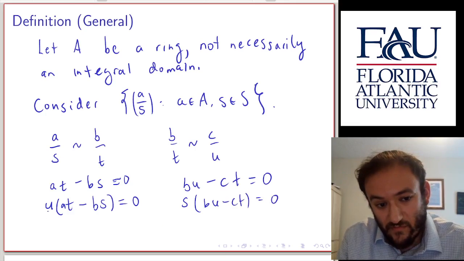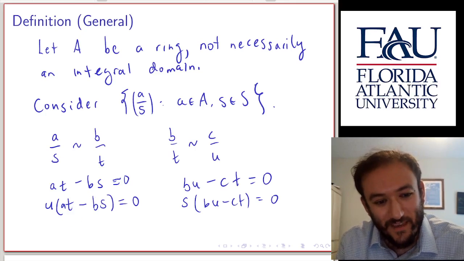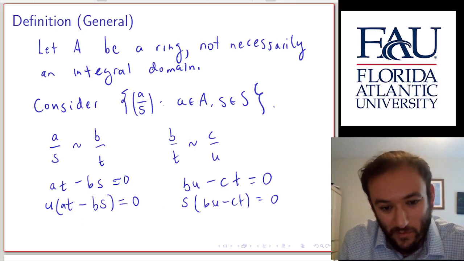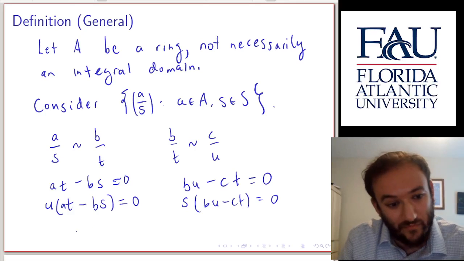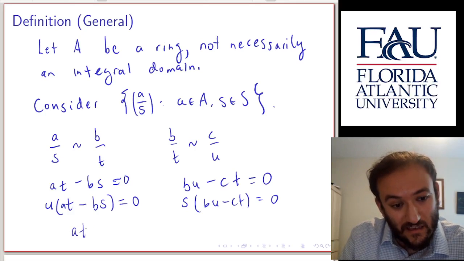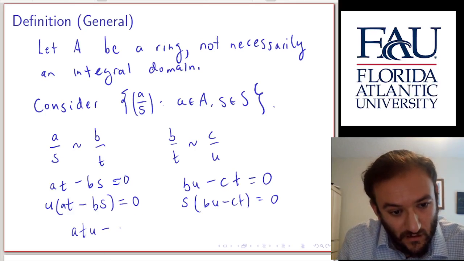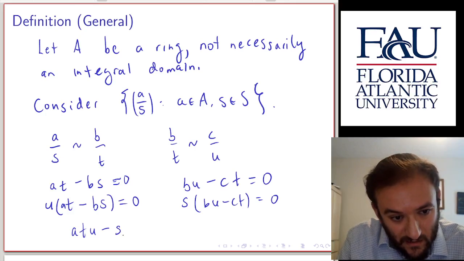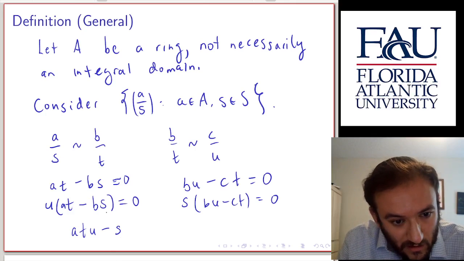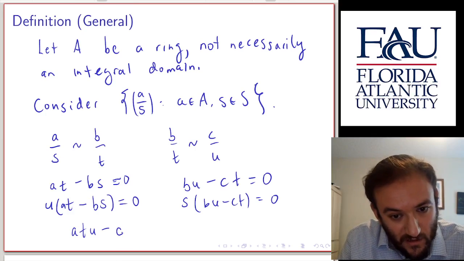Now I have the BSU in both equations, and I can just add them. And I'll get ATU minus SCT, or STC. Wait, which do I want? Let's put the C first.